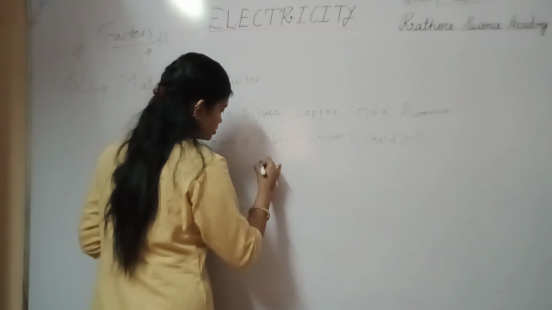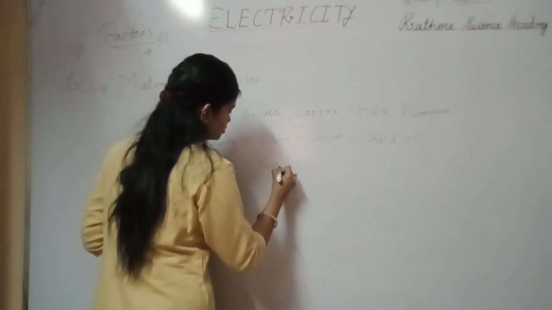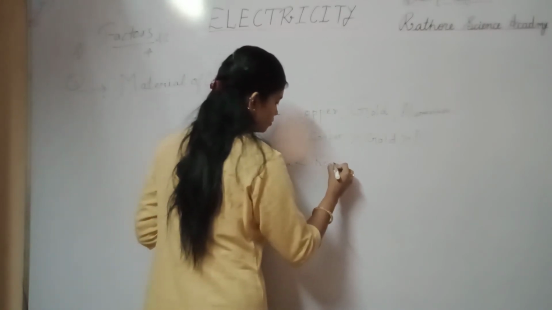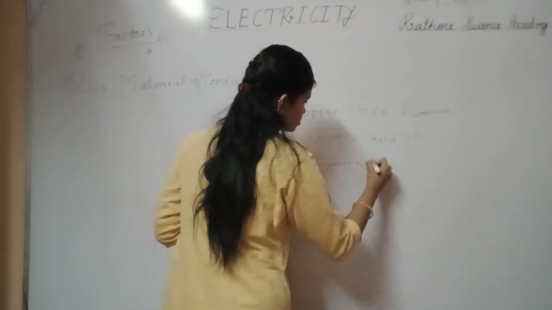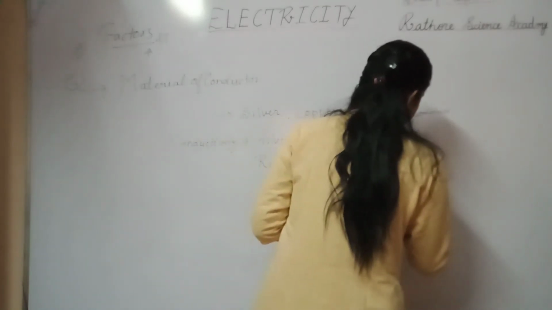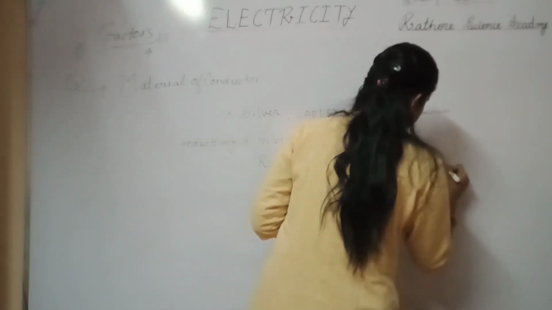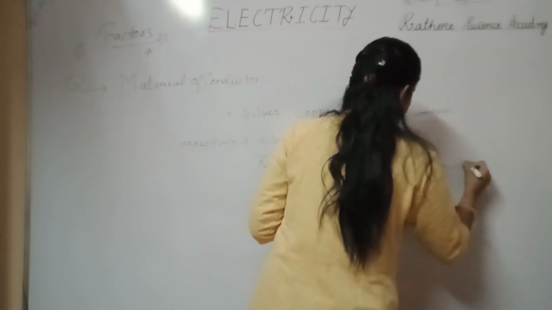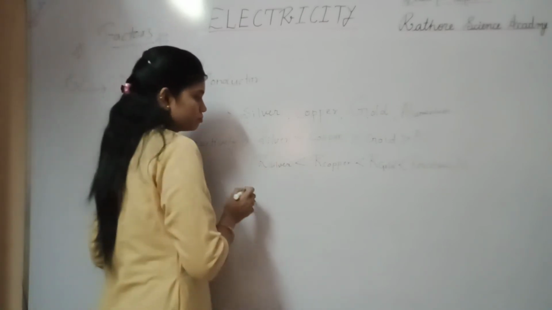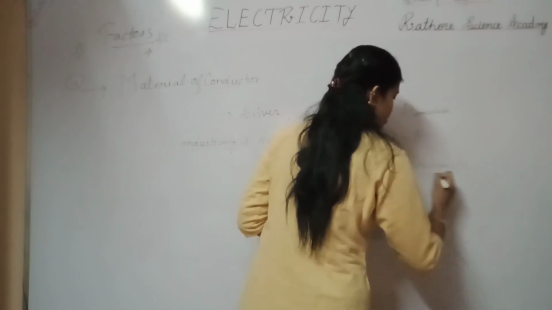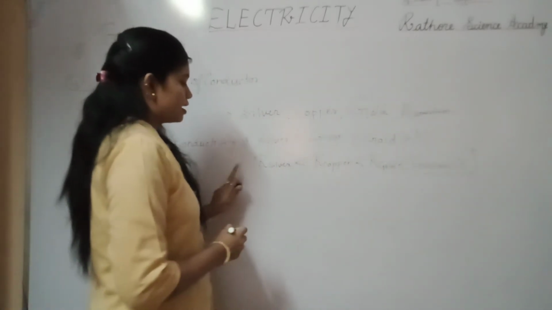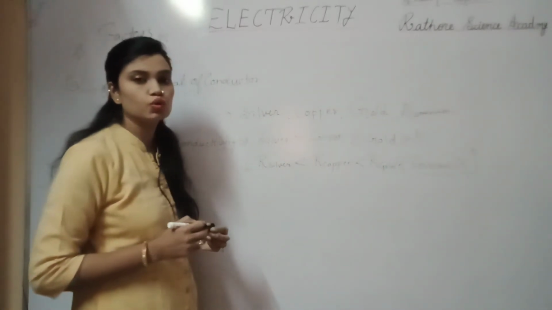That means the resistance of silver is less than copper, then gold, then aluminium, right? So high resistance is of aluminium.